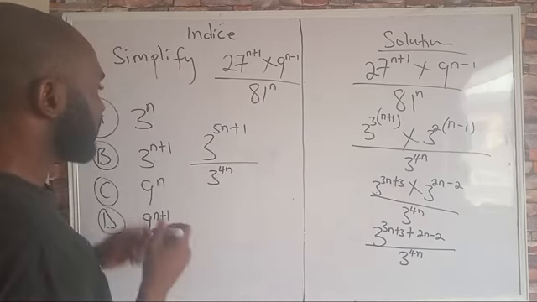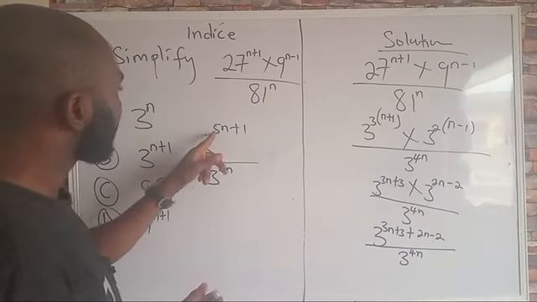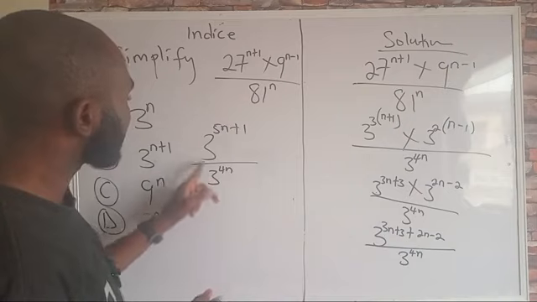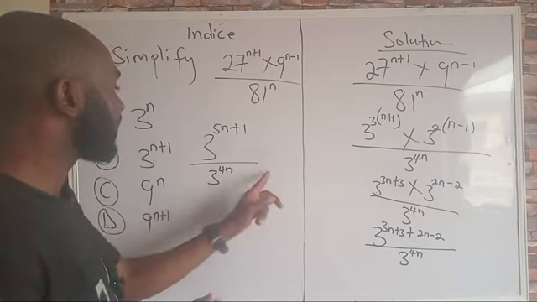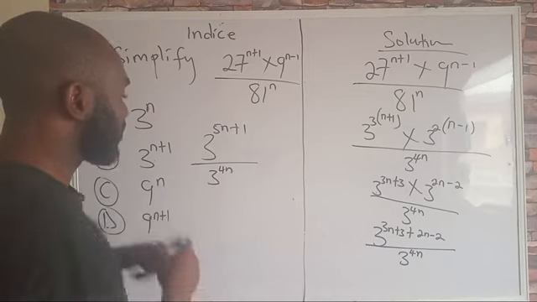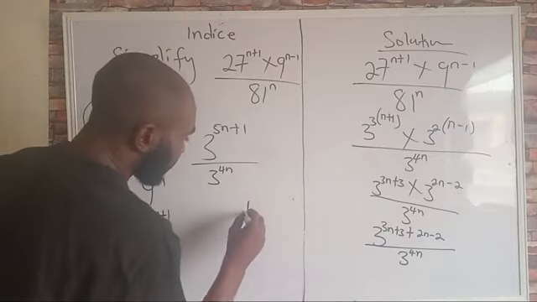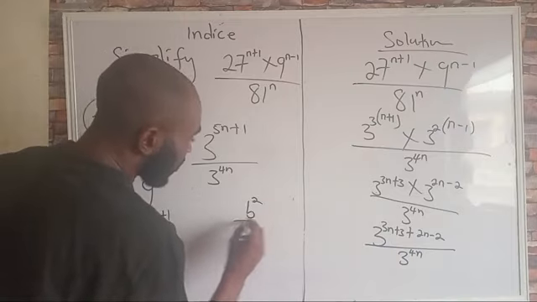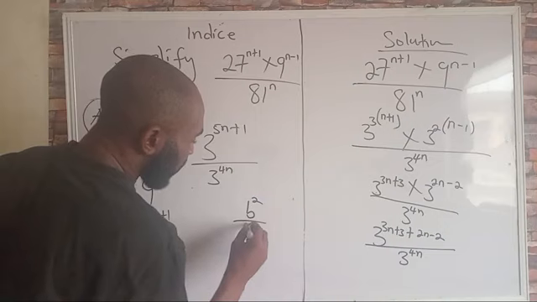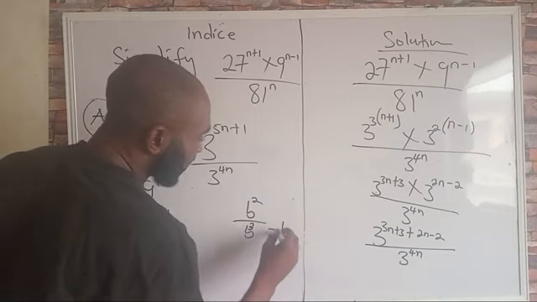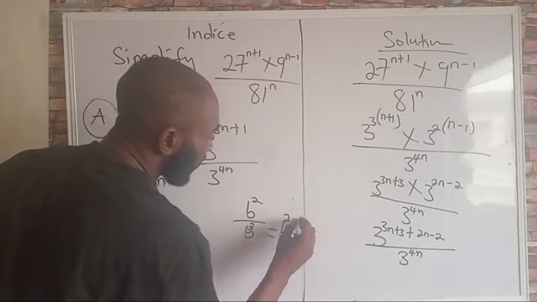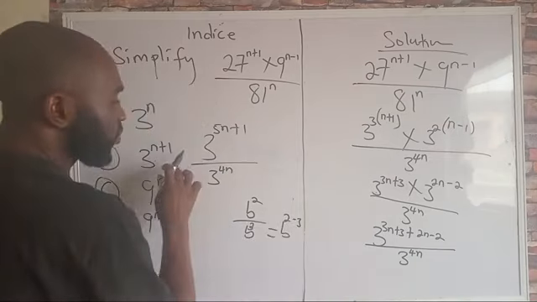The same thing here: when the bases are the same and you're dividing, let the powers subtract. If you have b raised to the power of 2 all over b raised to the power of 3, this is the same thing as b to the power of 2 minus 3. So the same thing we are going to apply here.